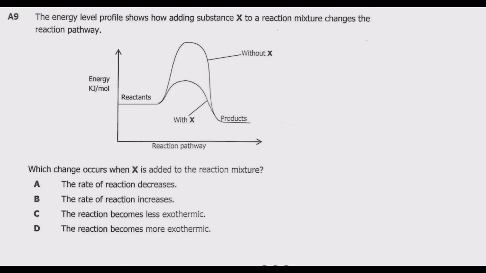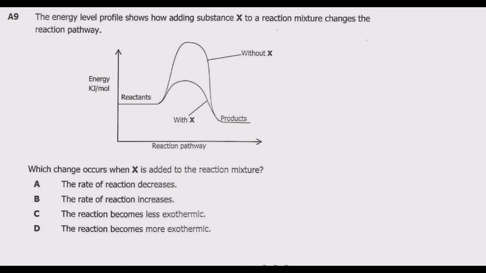Question A9. The energy level profile shows how adding substance X to a reaction mixture changes the reaction pathway. Which change occurs when X is added to the reaction mixture? So we have A, the rate of reaction decreases, B, the rate of reaction increases, C, the reaction becomes less exothermic, D, the reaction becomes more exothermic.